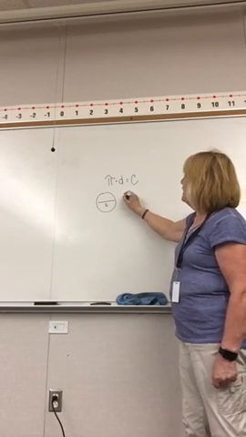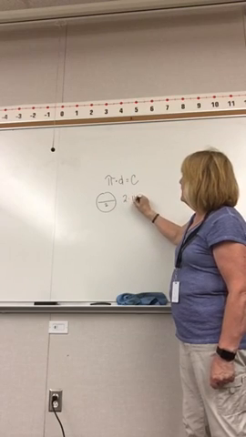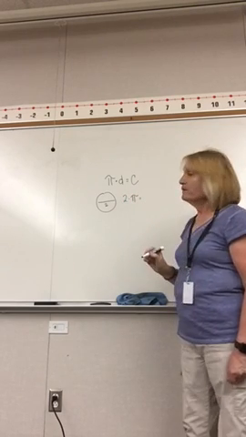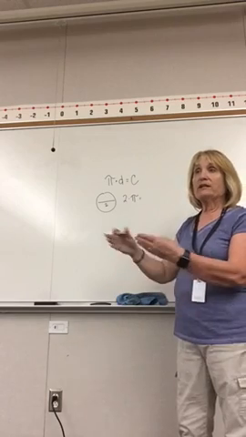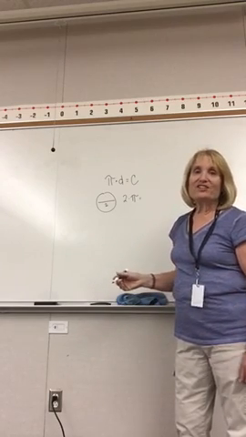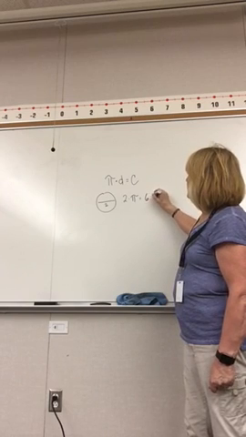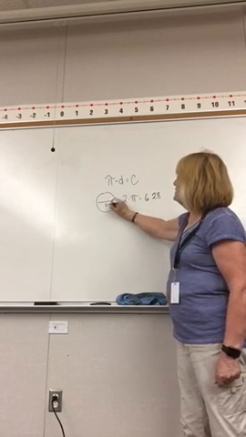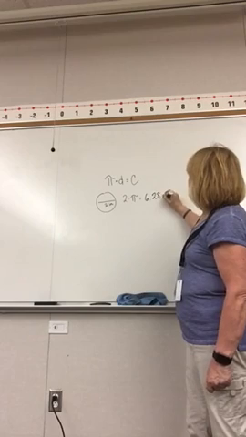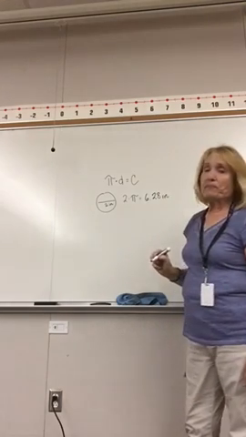I'm going to multiply 2 times pi, and on your calculator, if you multiply 2 times pi, you're going to get a very long number, but we're going to round to the nearest hundredth, which will give us 6.28, and if this is inches, our answer will be in inches as well.